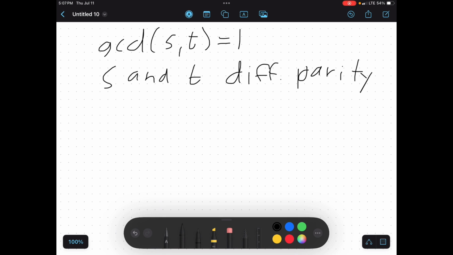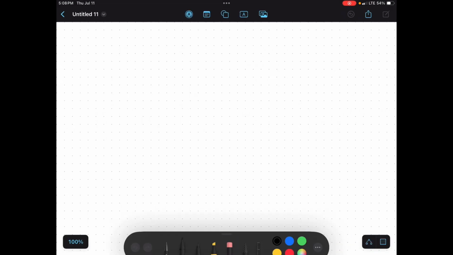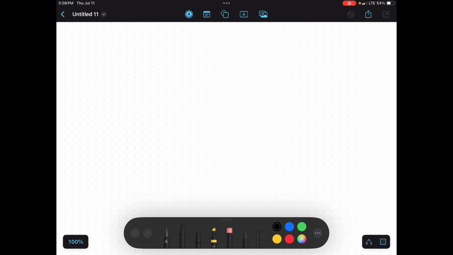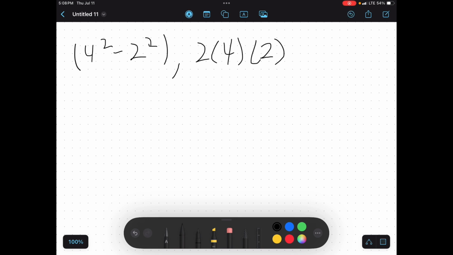So I would like to use 4 and 2. If I use s equal to 4, my values then are 4 squared minus 2 squared, 2 times 4 times 2, and 4 squared plus 2 squared.